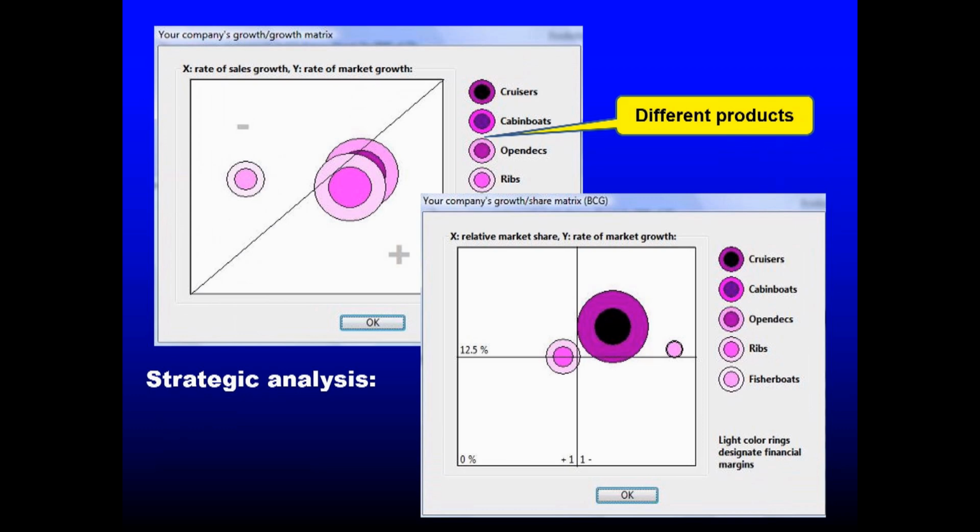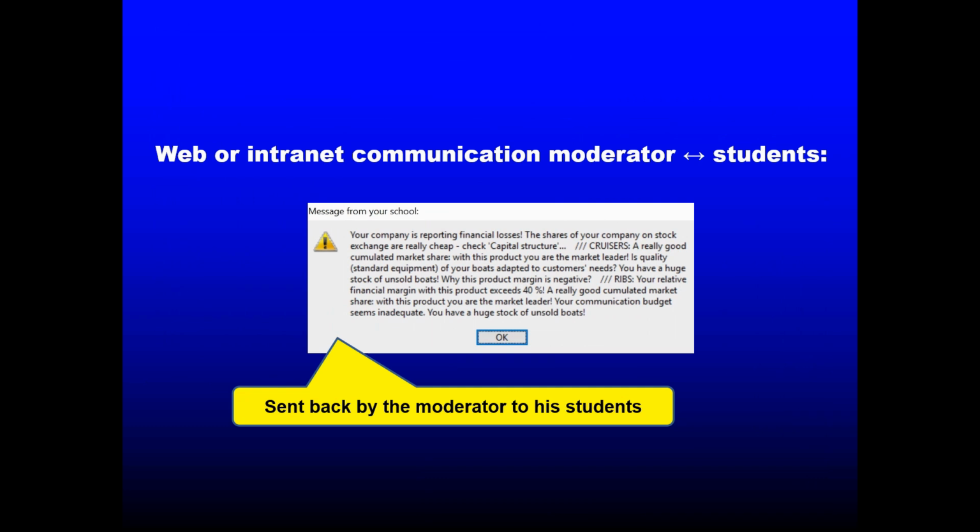For strategic business analysis, Boston Consulting Group, as well as sales growth market growth matrices are even available. They are automatically plotted for different products. In addition to numerical data, the simulation moderator can electronically send to students his appreciations, marks, and advice. Here is an example.